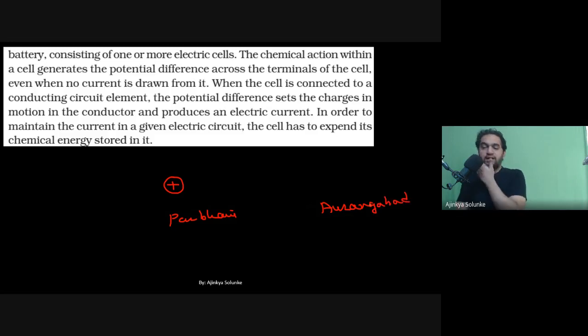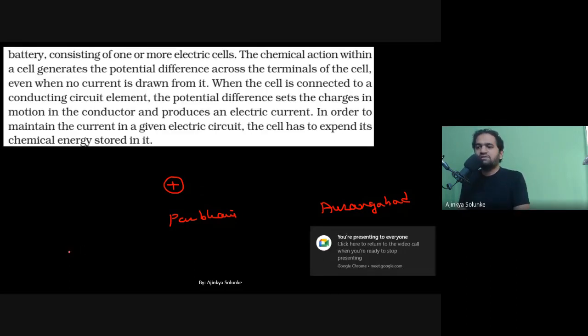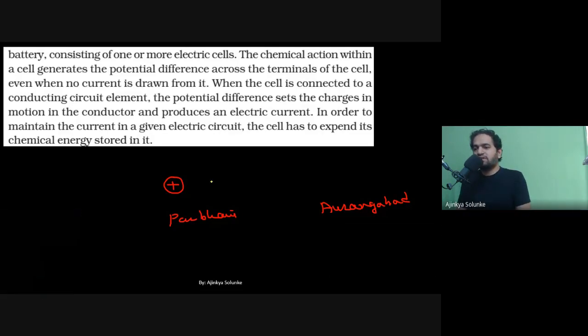This charge is not going to move by itself. We cannot order the charge to please go from Parbhani to Aurangabad. That is not possible. That means we have to do some kind of work. Only then will it be possible to shift your charge from Parbhani to Aurangabad. That is one thing you should remember.